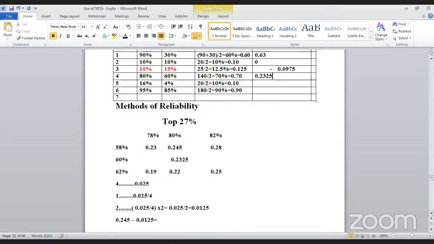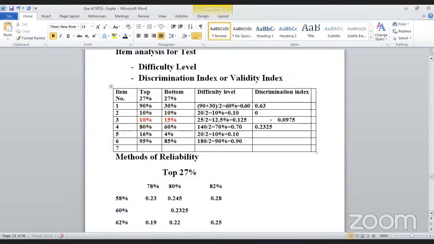Now, first of all, you have to decide whether your item is discriminating or not. Now, this particular item is discriminating if the value of the discrimination is 0.2 or more than 0.2.